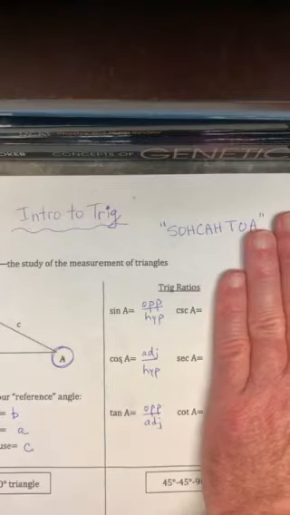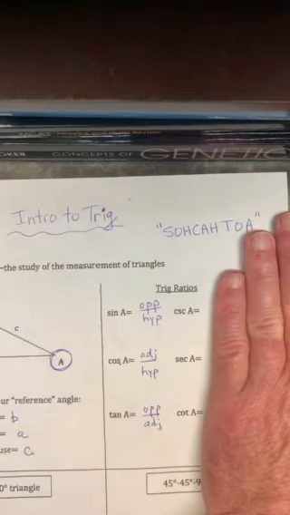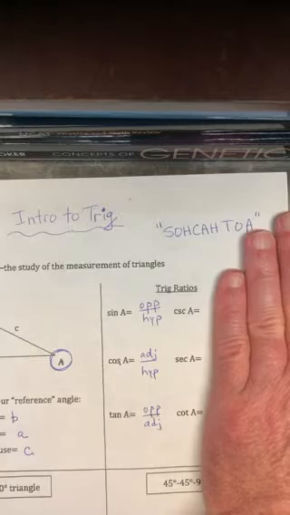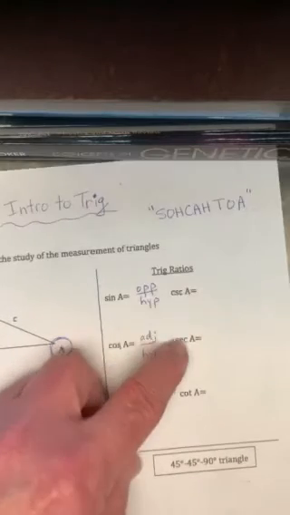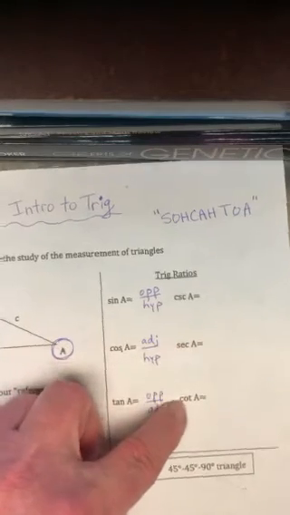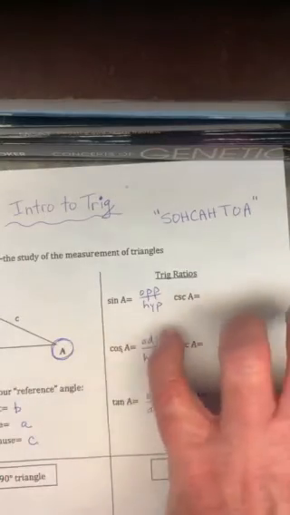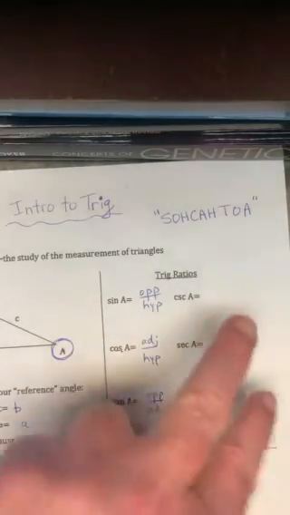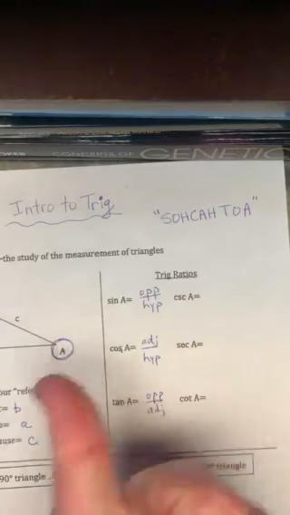So guys, even though you're not going to hear very often or use even that often the words cosecant, secant, and cotangent, they are trig ratios that are the reciprocals of those first three.